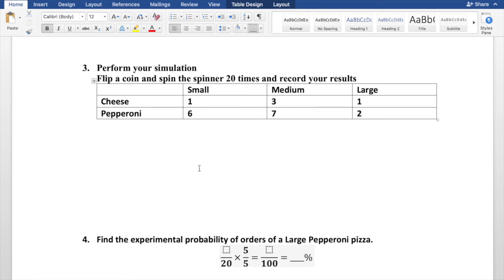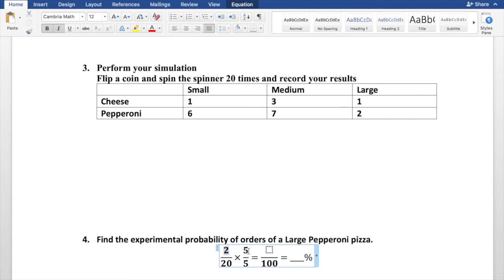In order to do this, I need to enter how many large pepperoni pizzas I received. If I look at my table, I received 2 large pepperoni pizzas. Because we did 20 simulations, I now need to multiply by 5. Because 20 times 5 gives me 100.